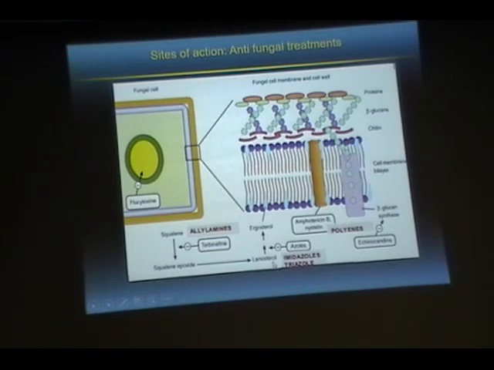And here, azoles bind to ergosterol and inhibit it, so the fungal membranes are incapacitated, and so imidazoles target the ergosterol part or the cellular membrane part of the fungi. So these are the sites of action where current antifungal treatments are working.